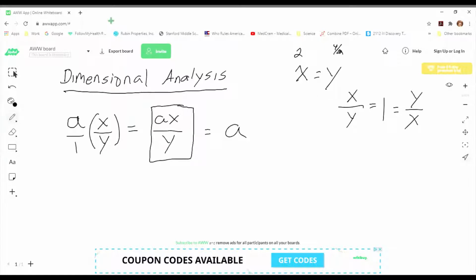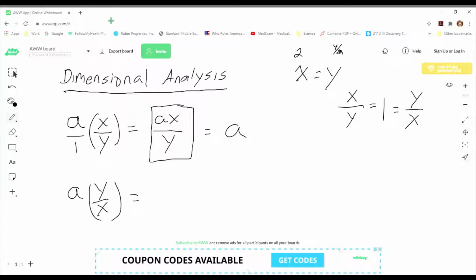I know this sounds like a lot of math, but this is the math behind it. Because this is what we're going to be doing with our units, basically. And we're going to allow our units to help us figure out whether we should multiply or divide things. So instead of taking this value a that we started off with and multiplying it by x over y, we multiply it by y over x.